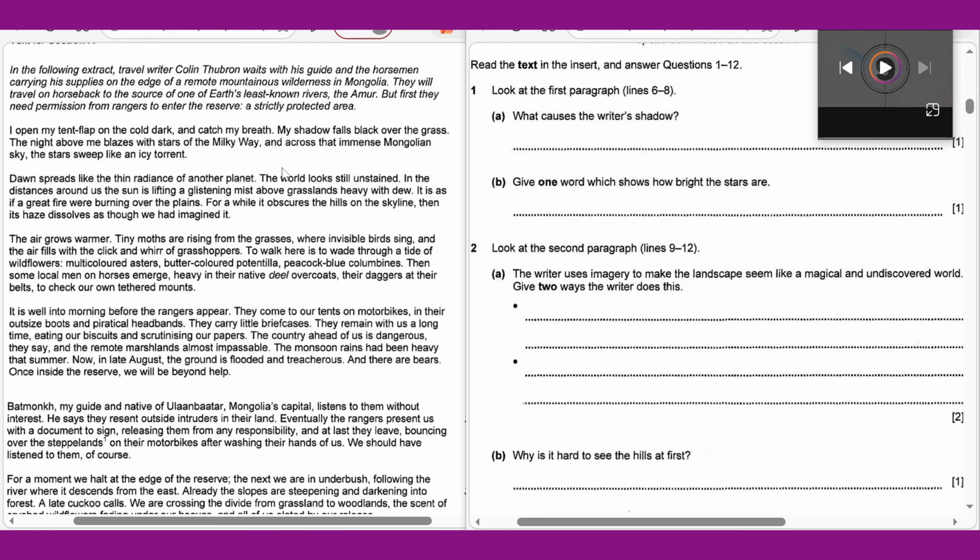Okay, so let's get started by reading this extract.